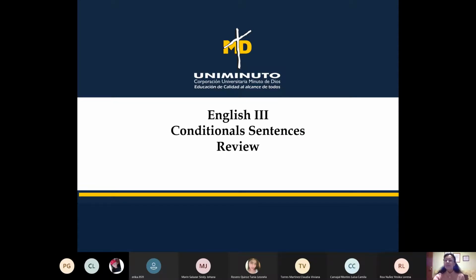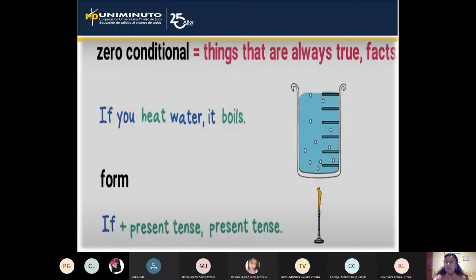Ready? So if you have questions about the collaborative project, keep that questions on your mind. And at the end, around 8:15, we are going to stop the class. We are going to stop the exercises in order to remind what you have to do and to answer your questions. Okay? Very good.